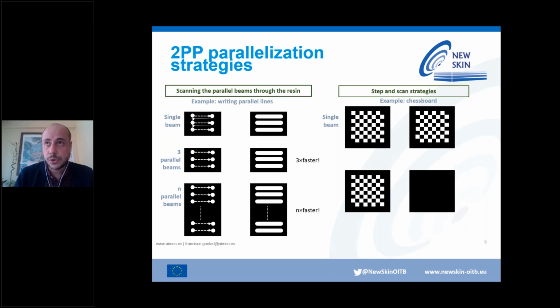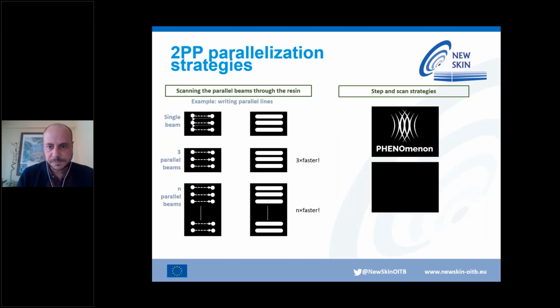Or you could design a DOE with a certain pattern, flash it on an area of the resist, move it to the next area, and then by successive steps of moving and flashing, you can produce the whole pattern in the resist at a much faster rate. So this makes it easier for this technique to be more competitive with respect to other competitors like, as I said, lithography or some other similar techniques.